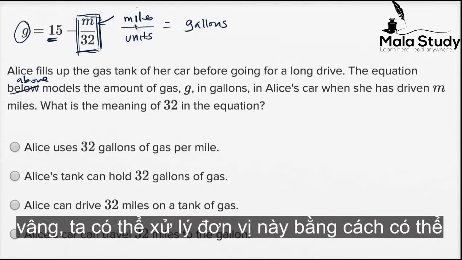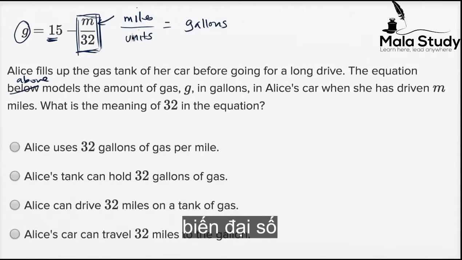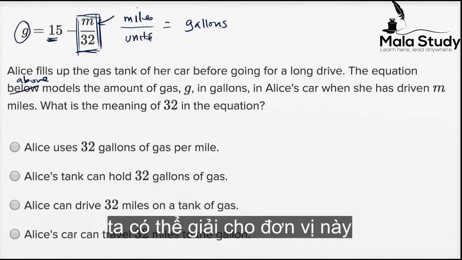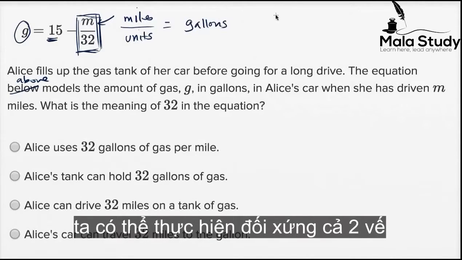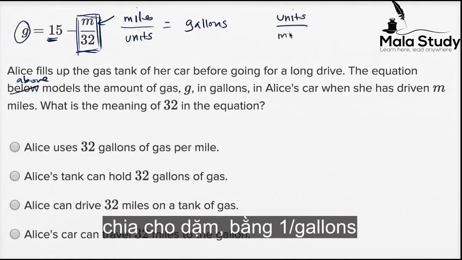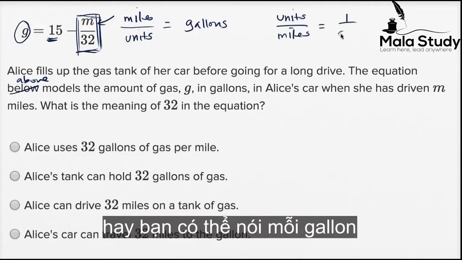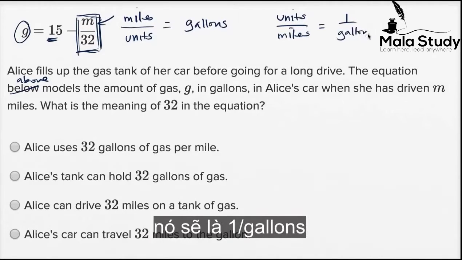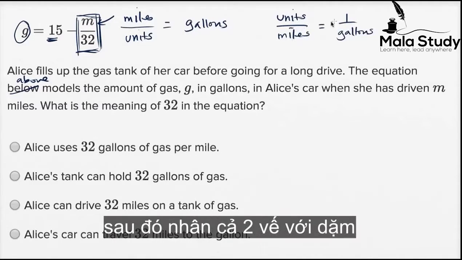So what are the mystery units going to be? Well, we can treat these units the way we would treat algebraic variables, so we could solve for the units here. We could take the reciprocal of both sides, and say the mystery units divided by miles is going to be 1 over gallons, or per gallon. And then multiply both sides times miles.